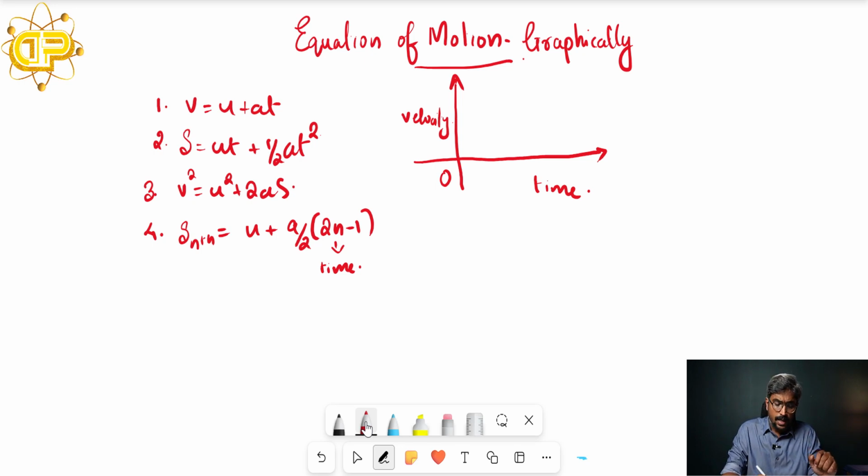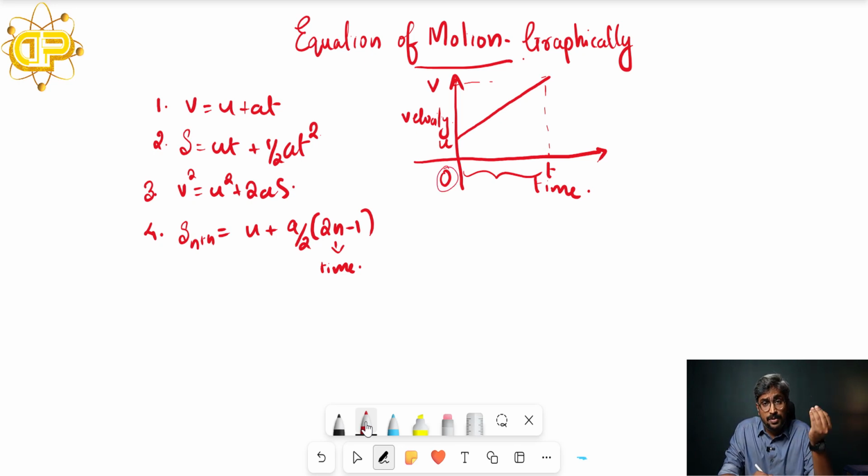The graph is starting from this particular point, and this denotes u, which is nothing but the initial velocity, and where the graph ends gives you v, which denotes the final velocity, and this will denote the final time, and this is the time interval. We are taking the initial time as 0 itself, as we are starting from the origin. It's up to you how to make a graph. So these are the basic things that we are going to study.